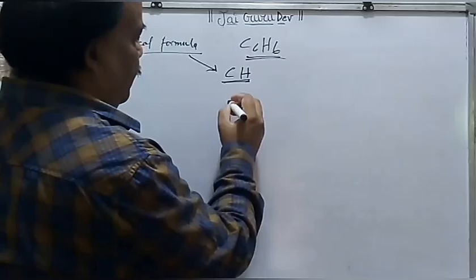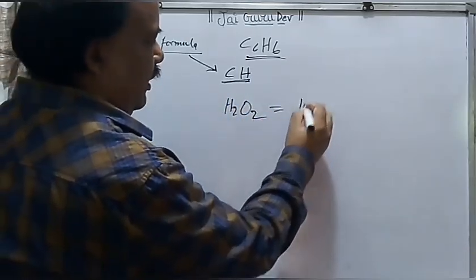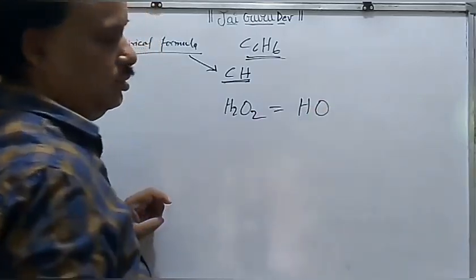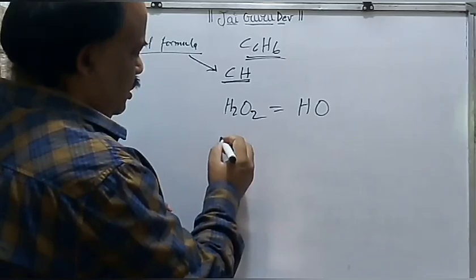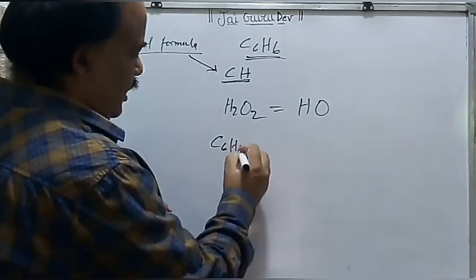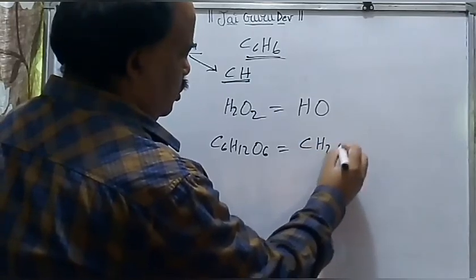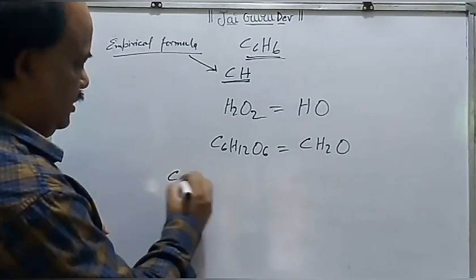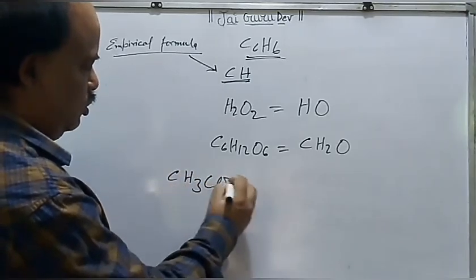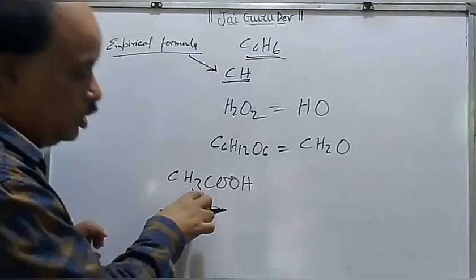Empirical formula of hydrogen peroxide H2O2 is HO. Empirical formula of glucose C6H12O6 equals CH2O. Empirical formula of acetic acid: CH3COOH is the molecular formula.